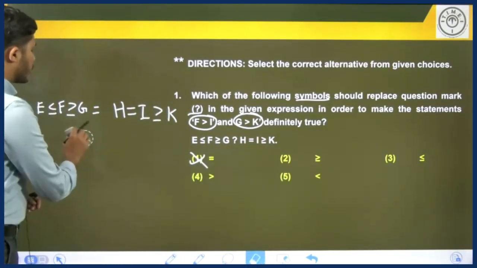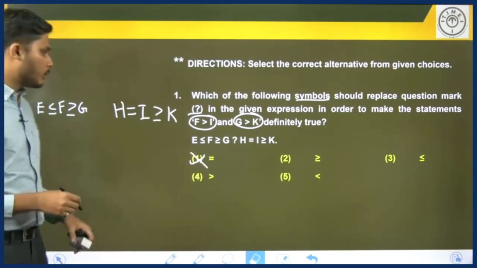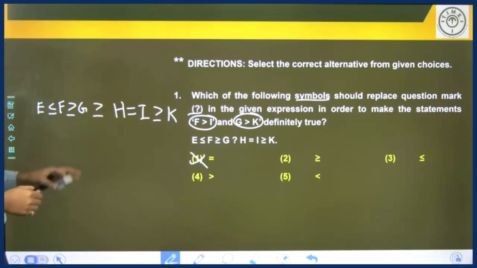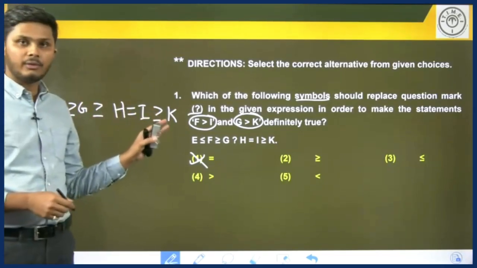Now let's look at the second option, which is greater than or equal to. So let's replace the question mark with greater than or equal to, g greater than or equal to h. So first let's find out the relation between f and h, then the relation between f and i.